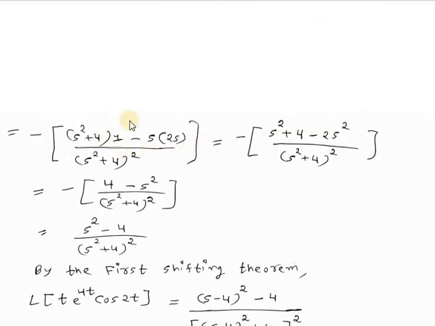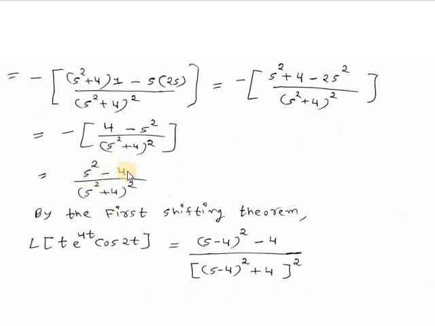Okay, so if we simplify it, then it will be s square plus 4 minus 2s square divided by s square plus 4 whole square. So this can be written as minus in bracket 4 minus s square whole divided by s square plus 4 whole square, which is equal to s square minus 4 divided by s square plus 4 whole square.